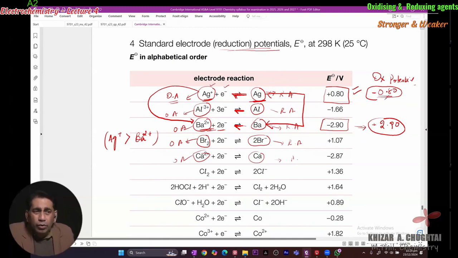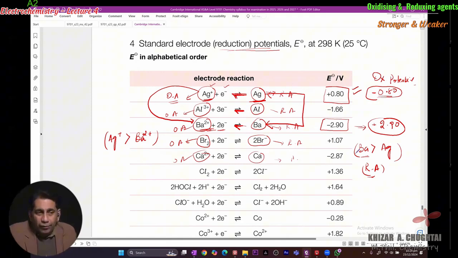It's not going to lose electrons happily. So barium metal is more reactive than silver metal as far as reducing power is concerned. So barium metal is a stronger reducing agent than silver metal.